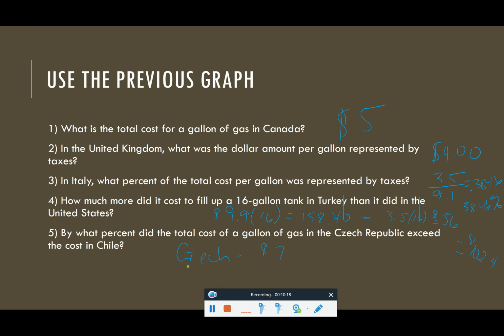We're looking at a percent again, so remember, it's your change: 7 minus 6.15 over our original amount. So that would be about 0.85 over 7, and that leaves you with about 12%. So Czech exceeds Chile by about 12%.